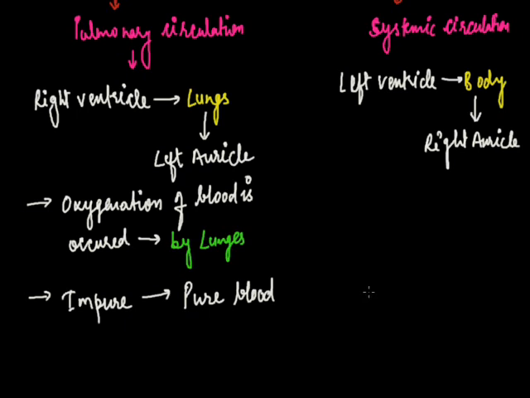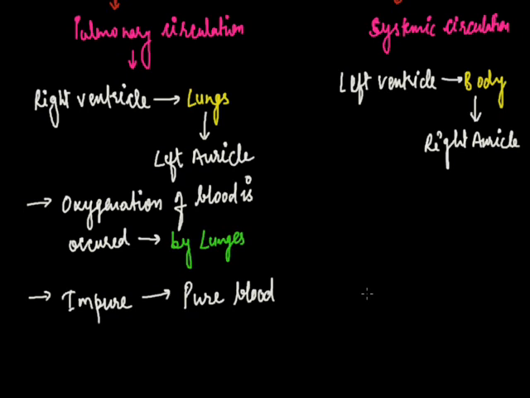Next is systemic circulation. The way of systemic circulation is from the left ventricle to the body and from the body to the right auricle. As we have just discussed, the blood in the left ventricle is pure blood, and it circulates through arteries, first the large artery, the dorsal aorta.